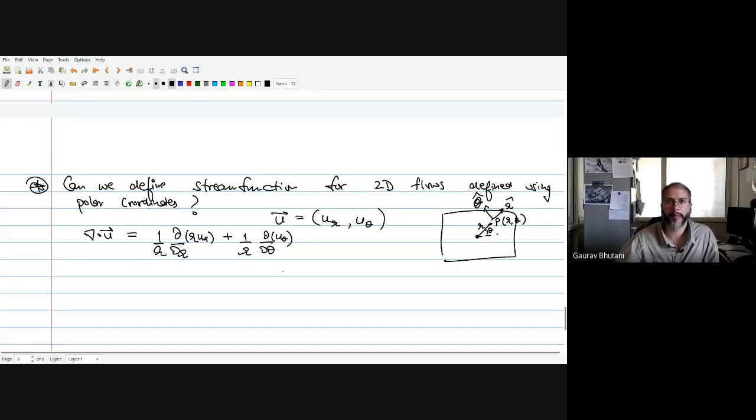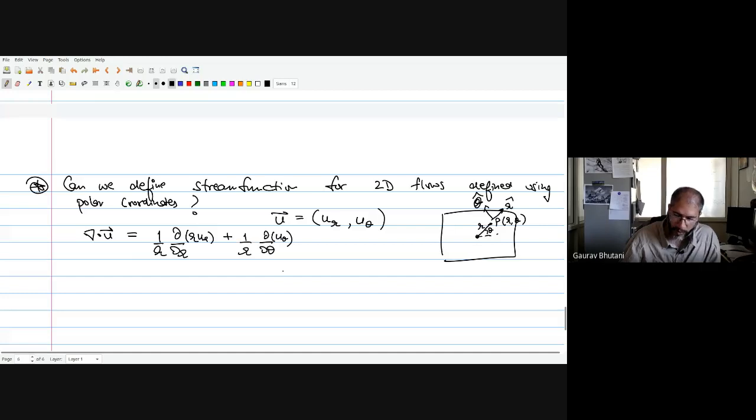This we discussed a couple of lectures ago. I didn't derive it for you, but I gave you a reference to one of my previous lectures, and you can derive these things yourself. But this is how you define the divergence of a vector u if it's defined in polar coordinates rather than Cartesian coordinates.